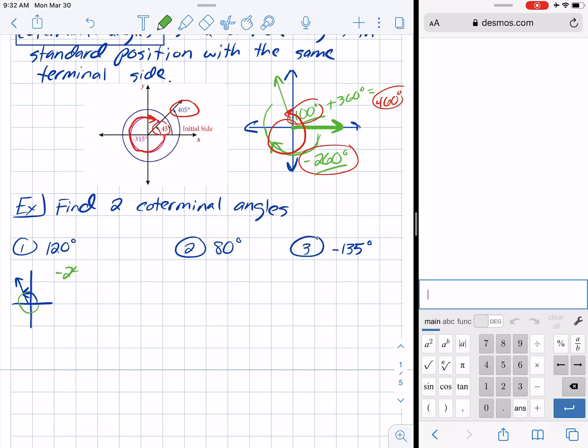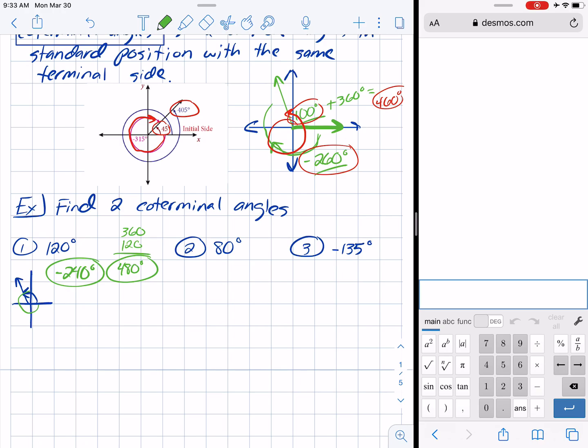So negative 240 degrees would be a coterminal angle. And then you could always just add 360 or subtract 360 2 times to that original angle, where you just go around one full rotation and then the other 120 degrees. So 480 would have been another coterminal angle.